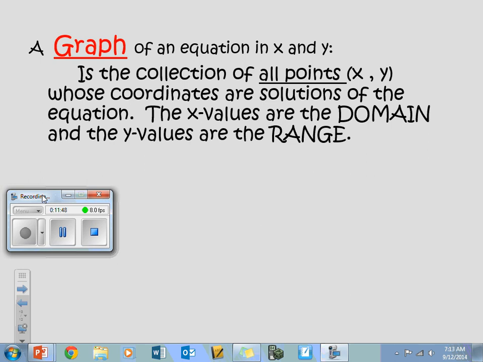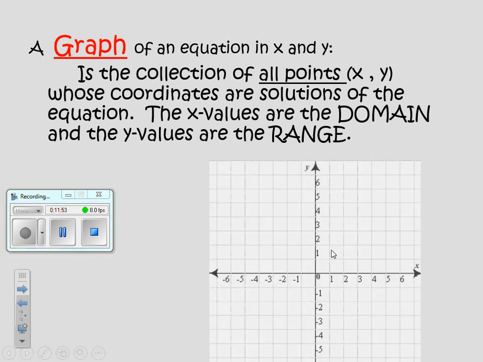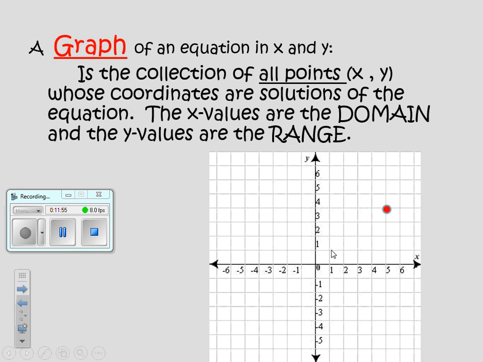So if I take the graph of the last problem I just did, and I plot the one point that I know is true, this point is, again, (5, 4). That is one solution. Well, maybe I can find another solution. Well, (3, 0) is a solution.